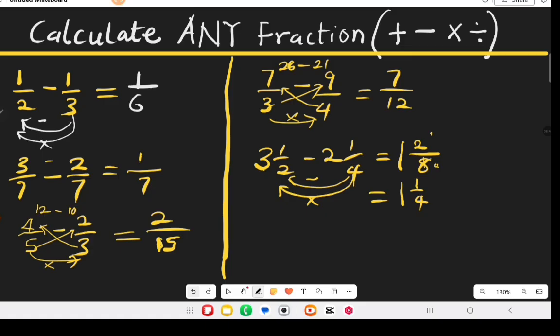Let's take another example. If I have 3 whole number, 2 over 3, minus 1 whole number, 1 over 4.